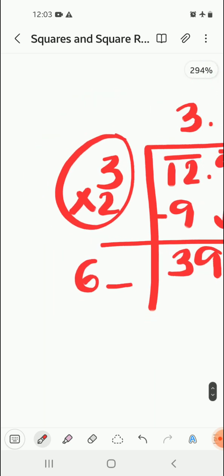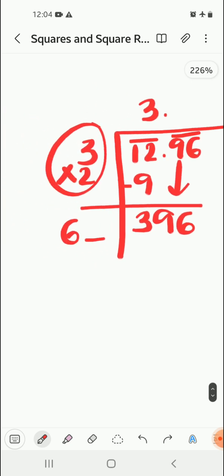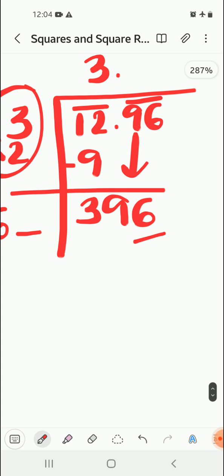Now think of a number with which if we multiply it, we get 396. It will be purely trial basis, but there are hints like you have to think of a number whose square would have 6 at the units place.